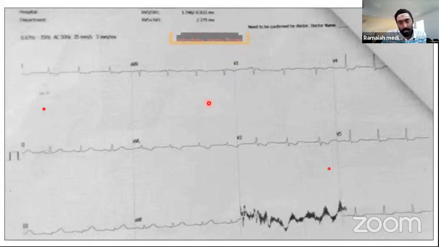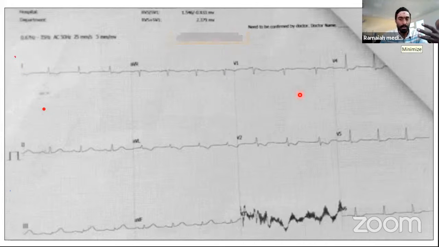All the QRS complexes look very small. You see all the 12 leads look small. It is narrow, and all these complexes look very small. There is a small P wave here. I agree, lead 1 is not very clearly seen. We'll see what all you should look at when you are seeing an ECG and what the interpretation is.